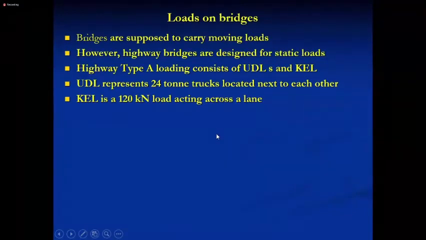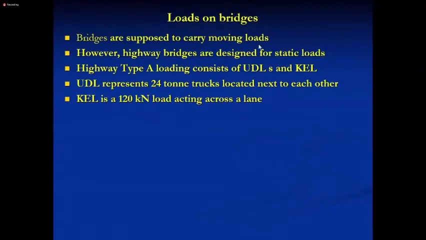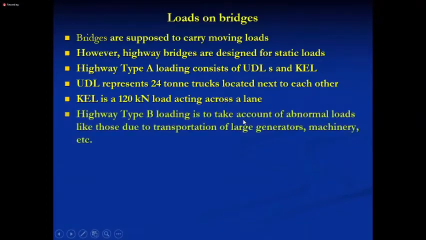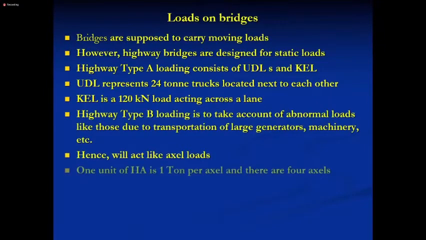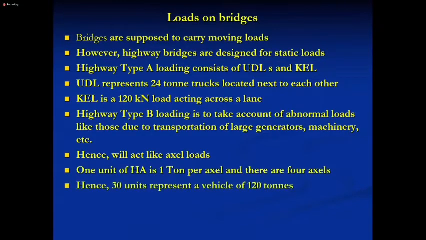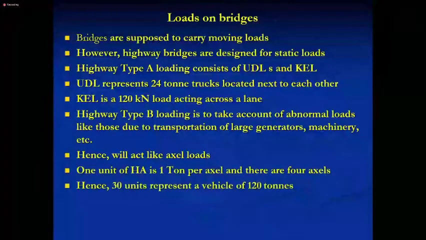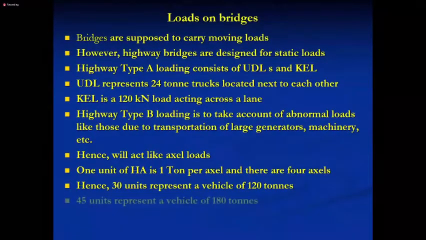So basically, when you look at the loads, the bridges are supposed to carry moving loads, and then there are other types of loading that you have to consider. And then you get type B loading. So we'll look at what is type A and type B loads.